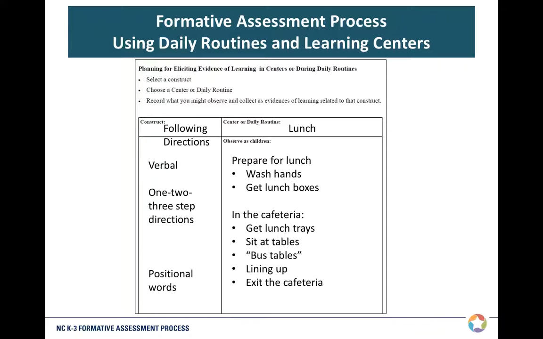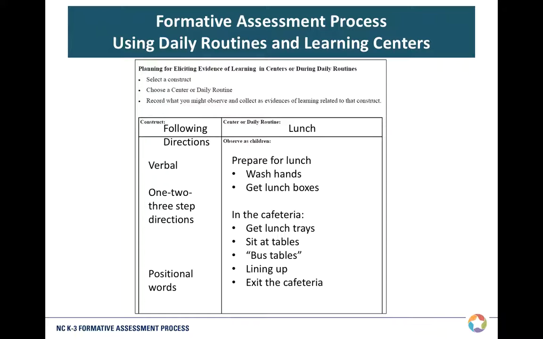So you see children preparing for lunch, washing hands, getting lunch boxes. Once in the cafeteria, do the children follow the directions for getting lunch trays, finding seats, then bussing their tables, lining up and exiting the cafeteria?